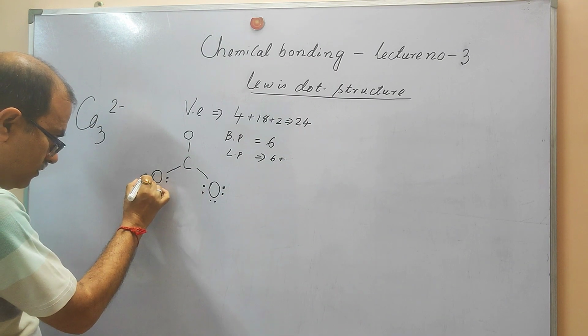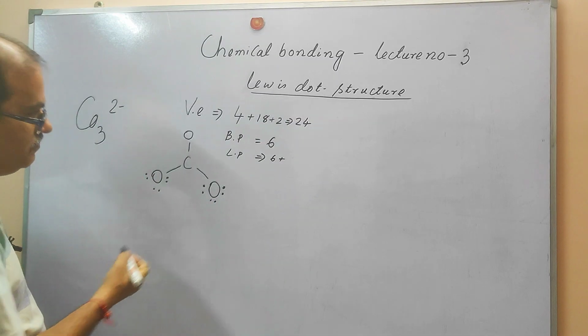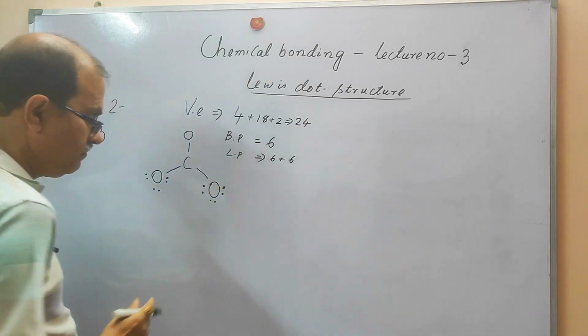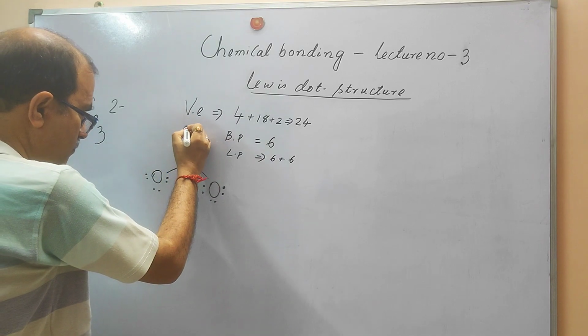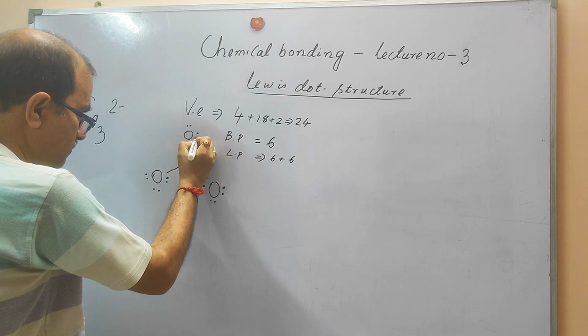Here also we have utilized 6 electrons. 6 plus 6, and we have 6 electrons remaining, which we utilize here.